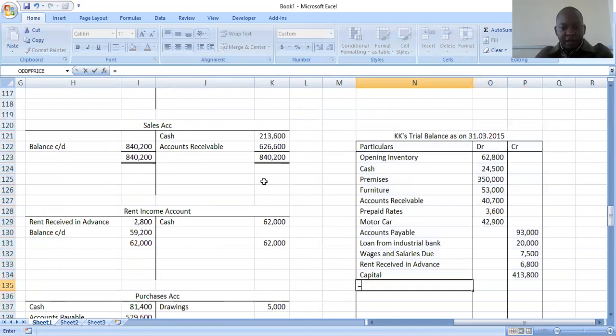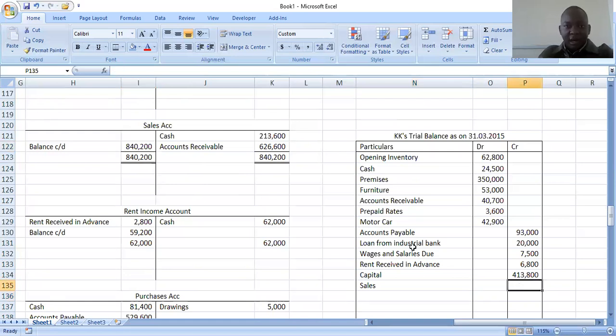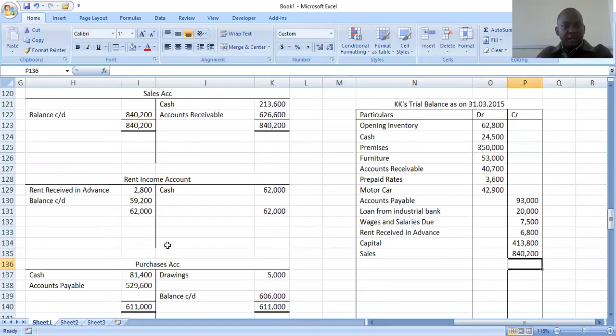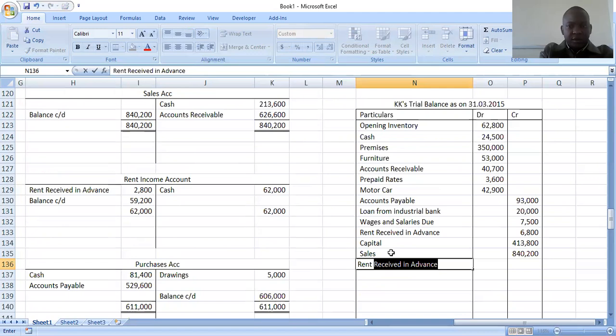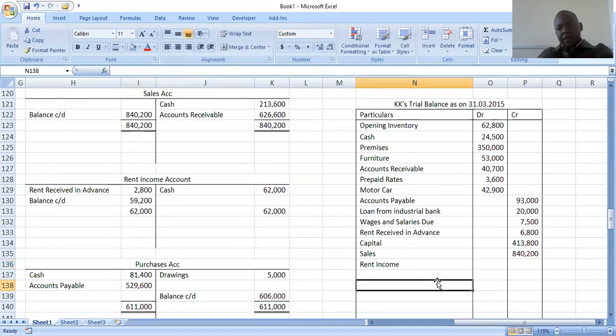Revenue we always have as a credit balance. So sales is 840,200. These are credit balances, not 626. 840,200. Then rent income is a revenue. Revenues always have a credit balance, so 59,200.